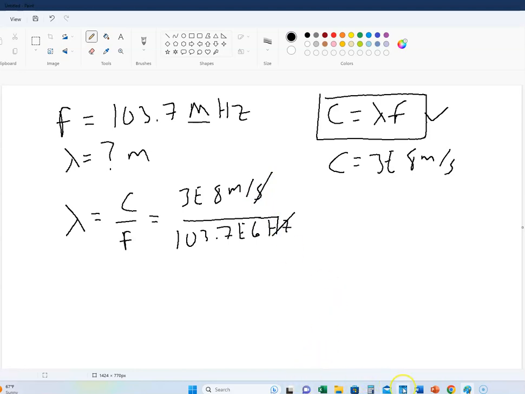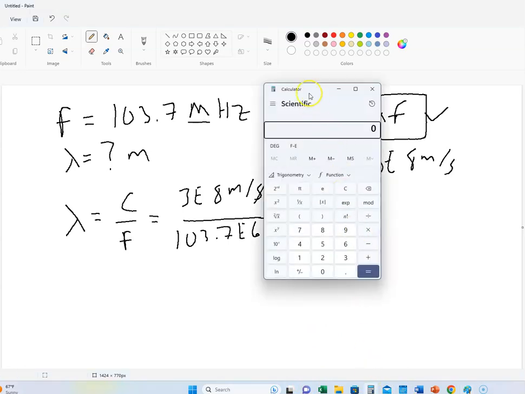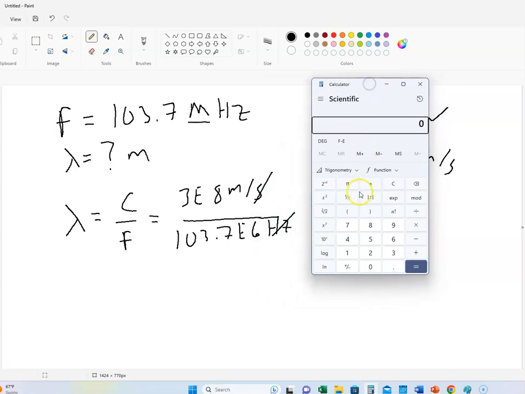Let's get out our calculator. Here, let me move it over just a little bit. So 3 times 10 to the 8th divided by 103.7, and then, of course, it's megahertz, so it's times 10 to the 6th. This is going to be the wavelength of this particular radio station in meters.